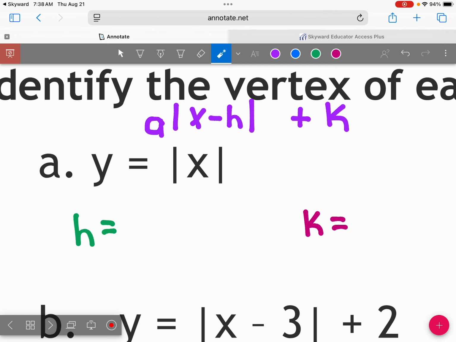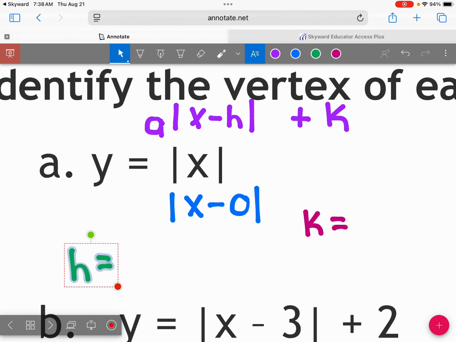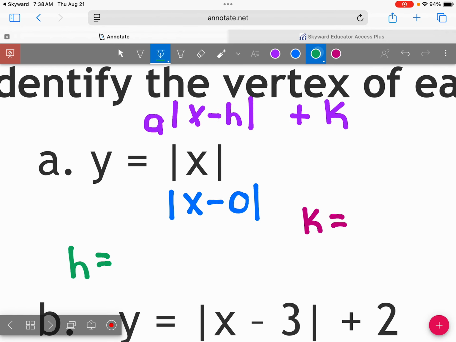What's a math word for nothing? 0. This is the exact same thing as if I wrote x minus 0. It means the exact same thing. So my h value is actually going to be 0.